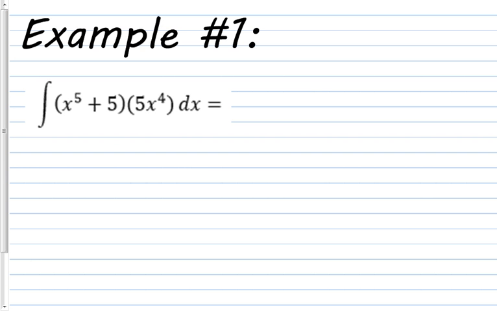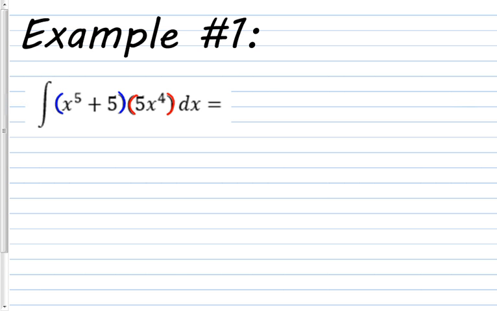Okay, so example 1. So here, first step, look at this and determine what part of this is the derivative of the other part. And this one's pretty simple to see because it is divided up into two pieces. Okay, the x to the 5th plus 5 and the 5x to the 4th.